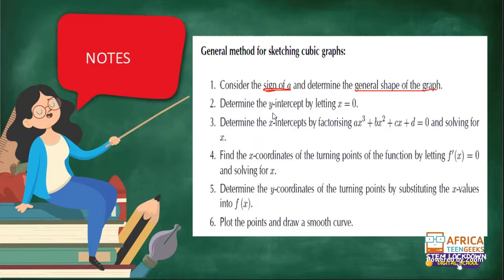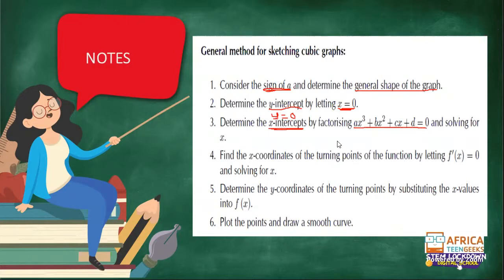So if you want a y-intercept, your x equals 0. And if you want to determine your x-intercept, what happens? Your y equals 0. So when you do your x-intercept, your y equals 0. This is just a general overview of what our function would look like.